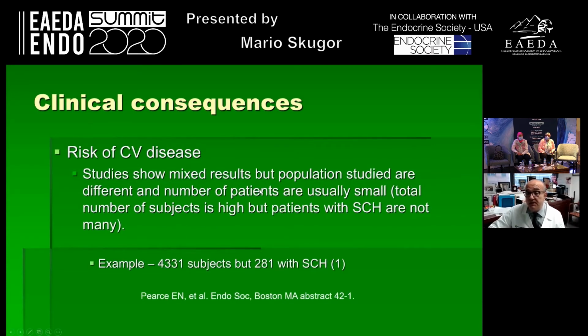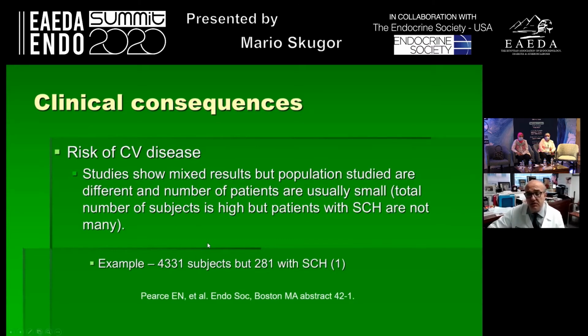Studies showed mixed results, but the populations studied were different, so you cannot really be sure exactly. The number of patients is usually small. You do a big study, you analyze a lot of people, but within this group there's a small number of people with subclinical hypothyroidism, so it's hard to assess.